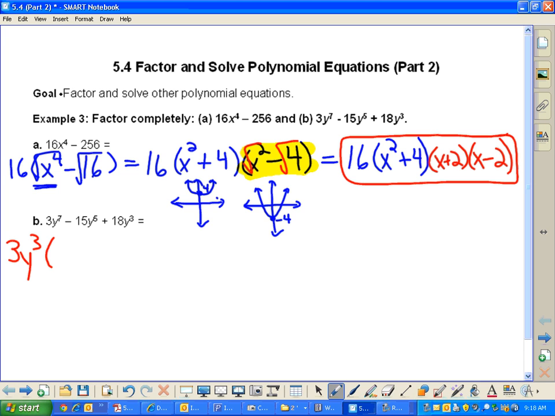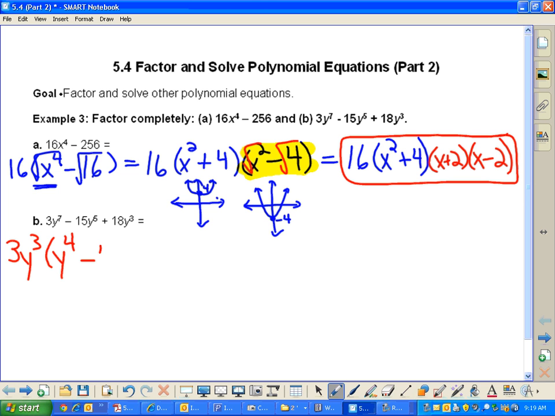So 3y to the third power times y to the fourth power will get you back to 3y to the seventh. This is your product of powers property from the beginning of the chapter. 3 plus 4 is 7, so that's kind of why that is. Bring down your minus, and then we have 3y to the third times what gets you 15y to the fifth.